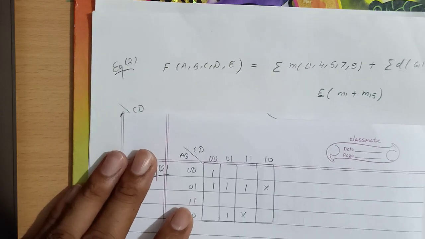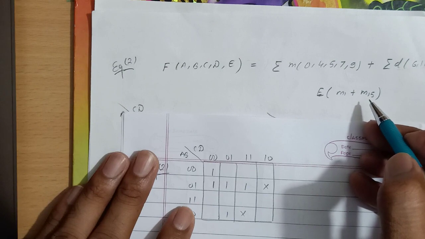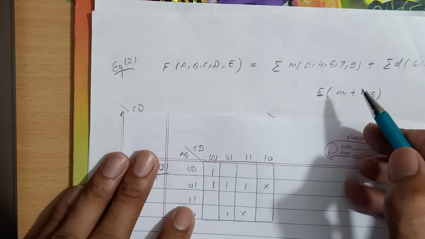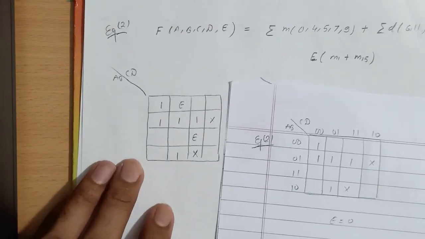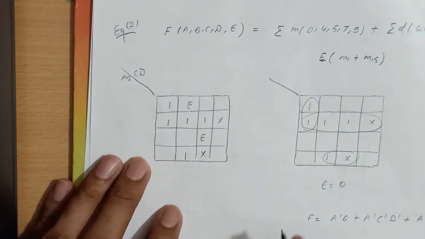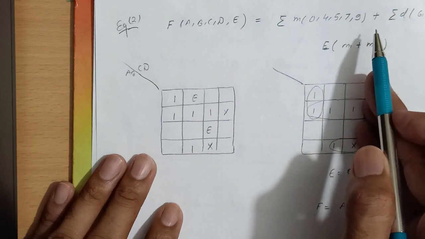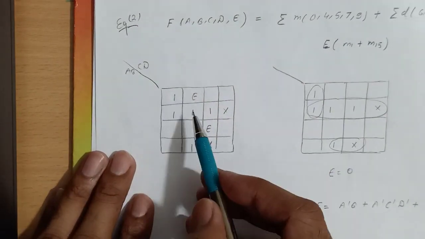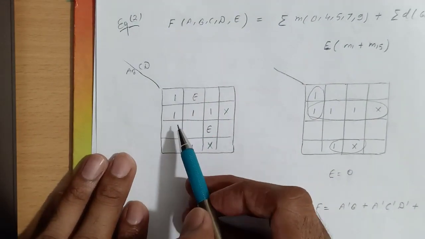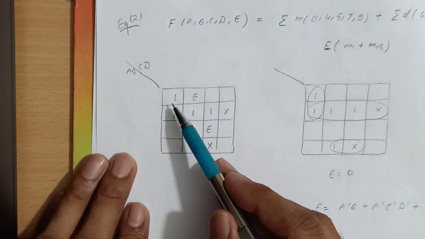Okay, so we have to simplify this switching function using a 4 variable K-map. So initially we will draw this switching function into the map. Suppose ABCD, and these are the minterms 0 4 5 7 9.